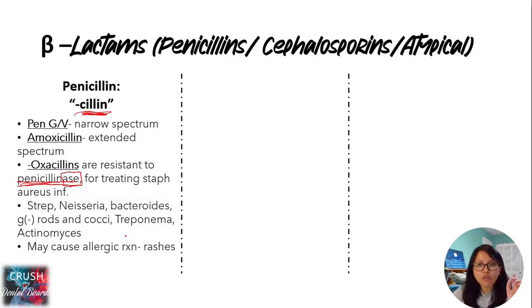One thing to take note of with penicillins is that they can cause allergic reaction. That's why when you're prescribing drugs to a patient, you should always ask them, do you have a penicillin allergy? Because usually, if people are allergic to antibiotics, it would be the penicillins.